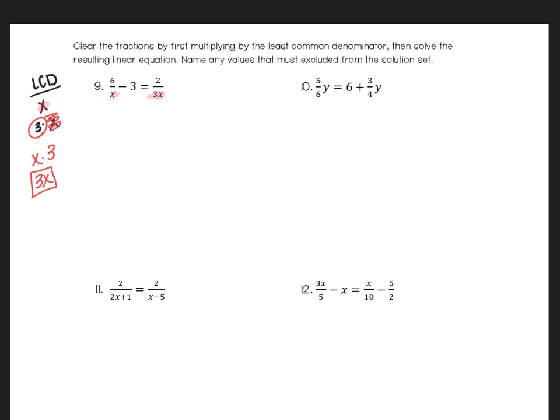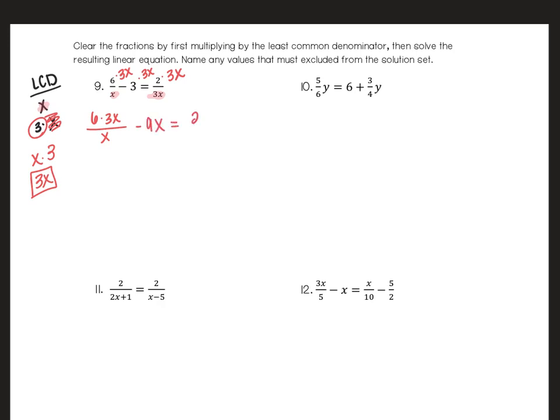And then once I have that least common denominator, I'm going through and multiplying every single term by 3x. So if I write this out, I'm not going to combine them. I'm just going to leave it as 6 times 3x over x. The next one I am going to multiply. Negative 3 times 3x is negative 9x.